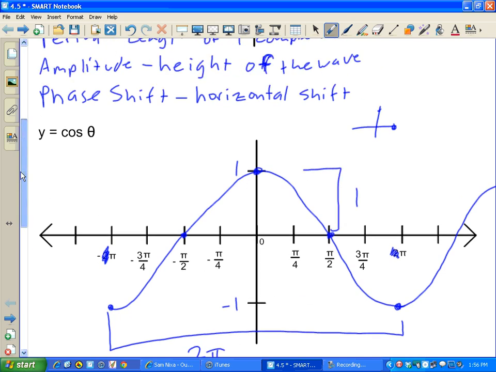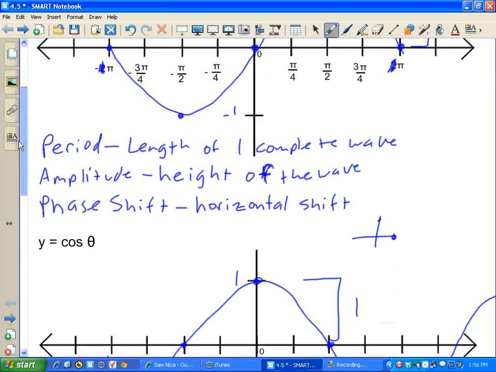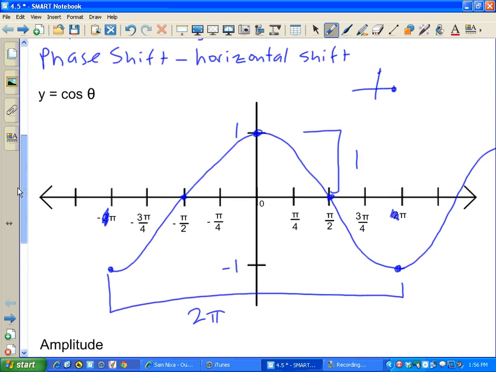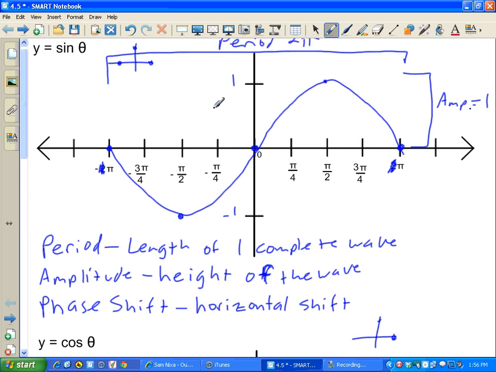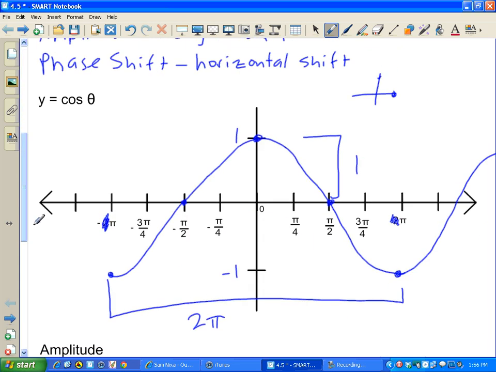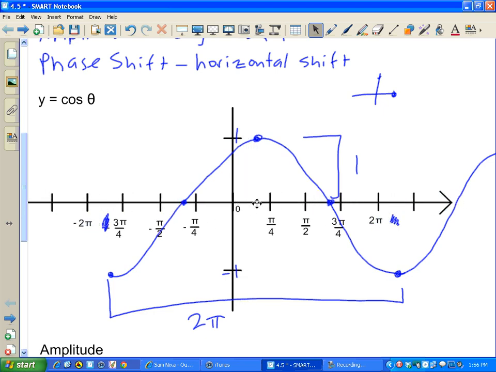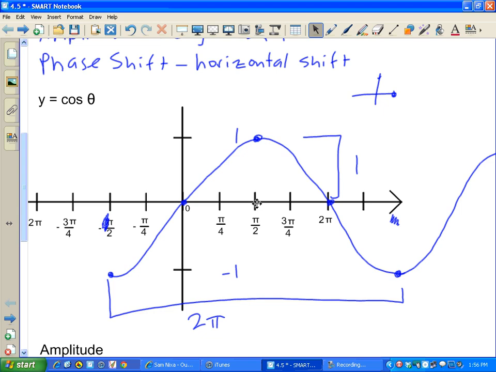And in fact, if you look at the sine and the cosine waves, they're almost identical. The only difference is on sine we're starting at 0, and on cosine we're starting at the top of the wave. So really, we could turn the cosine into a sine wave if we just shift it over pi over 2.